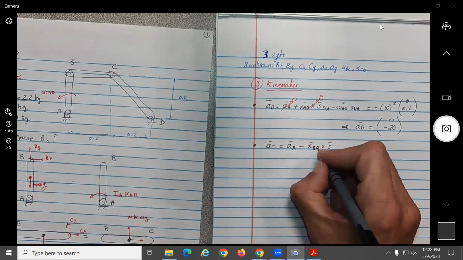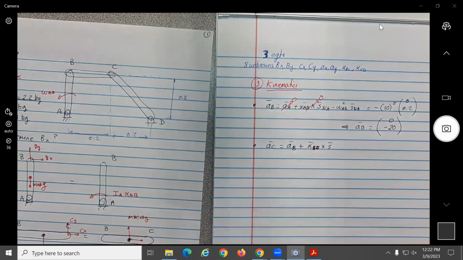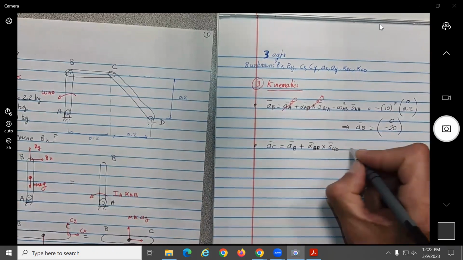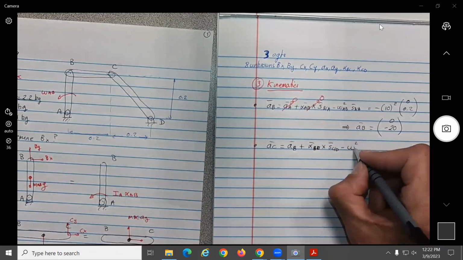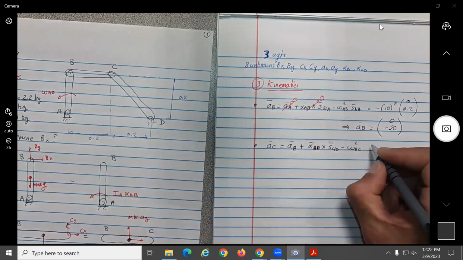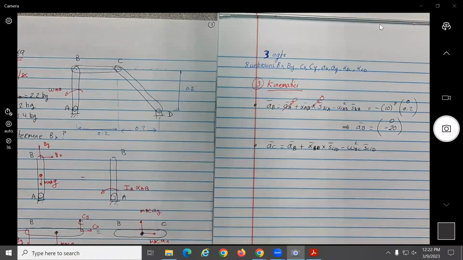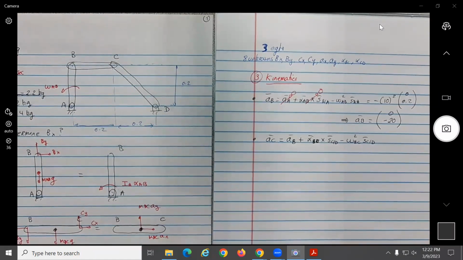Alpha BC, going too fast, S of C with respect to B, minus omega square BC, S of C with respect to B. So, okay, I'm going to keep going, and then I'm going to explain, you're going to write this equation.